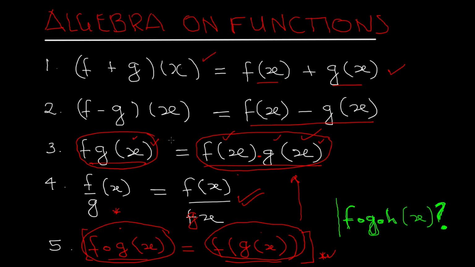Once you know these four, 1 here, 2 there, 3 here, 4 here, then you'd have known the language of the operations on functions. So in our next video, we practice with some examples, some exercises.